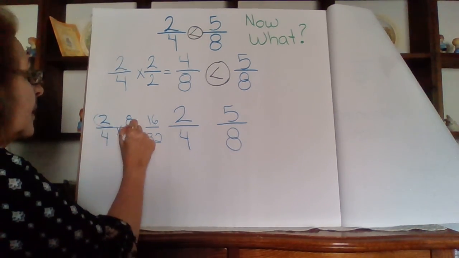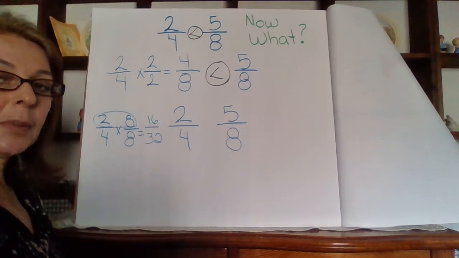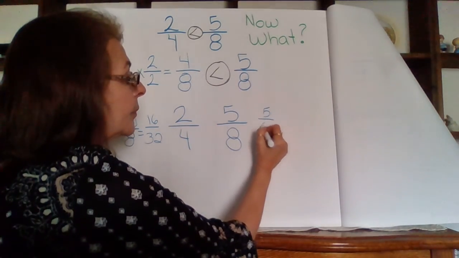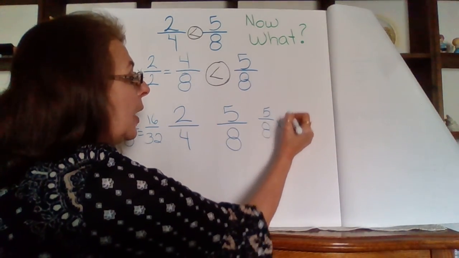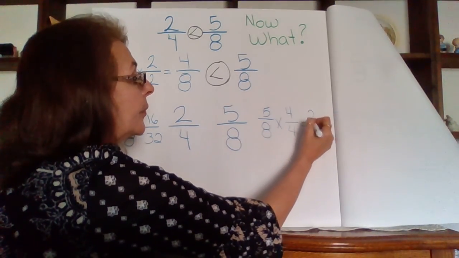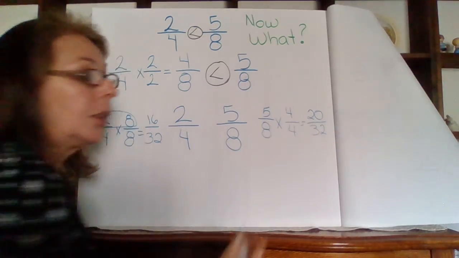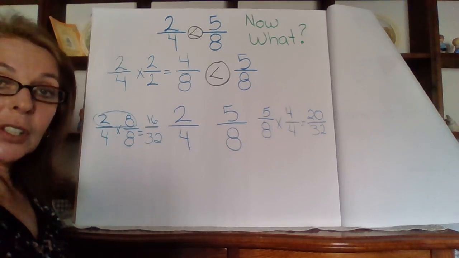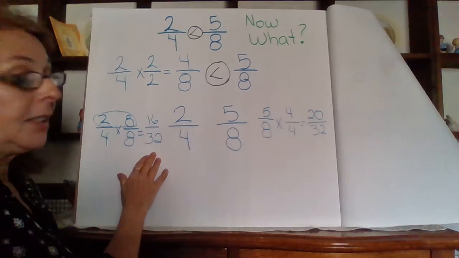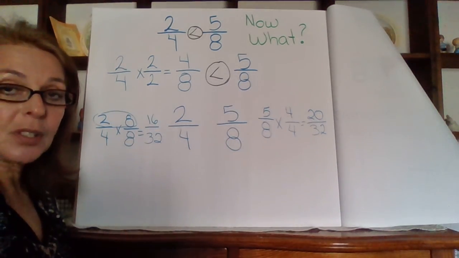Notice I multiply my numerators, I multiply my denominators. Now, when I take my 5/8 and I multiply by my other denominator, I get 20 over 32. And now, because I have common denominators, I can compare 16 32nds to 20 32nds. And of course, we're going to get the same result up there.